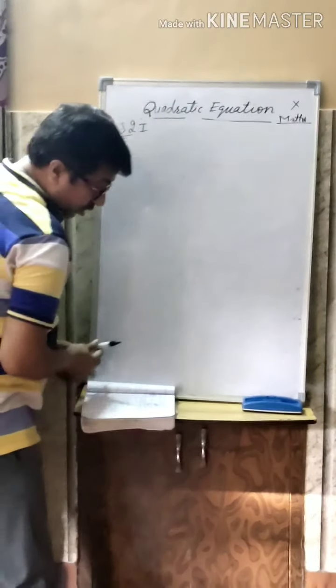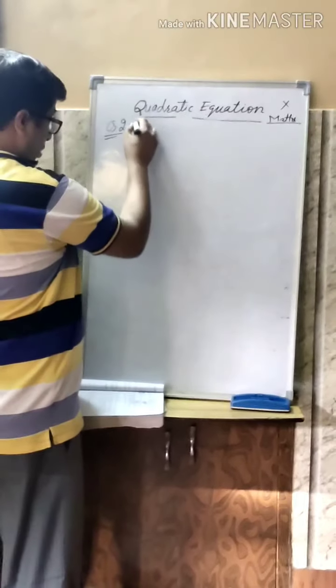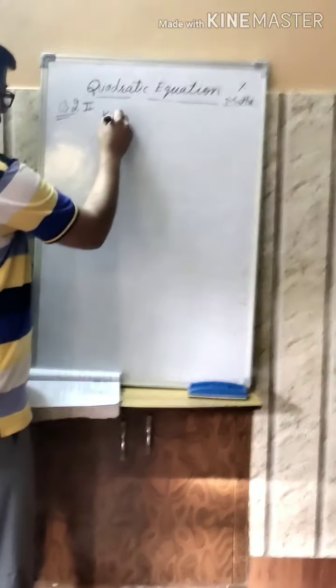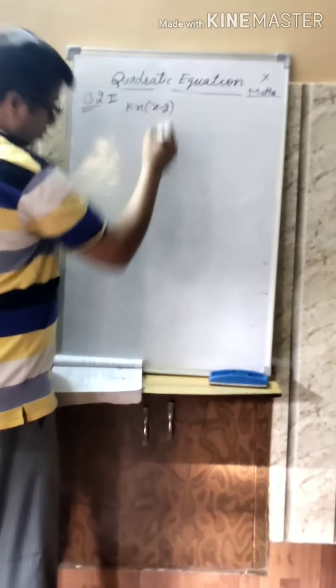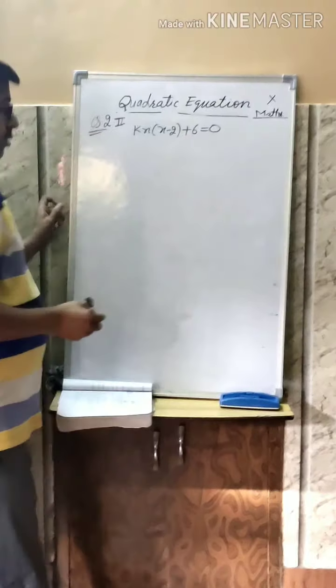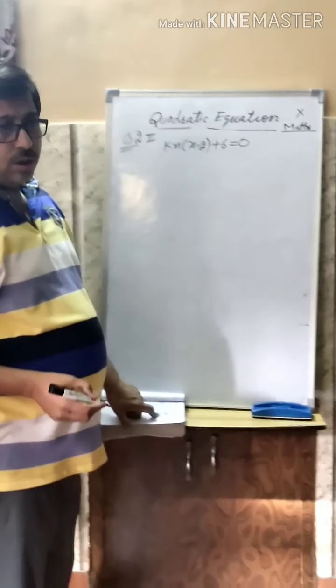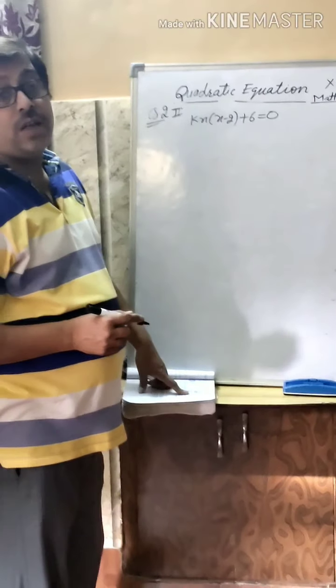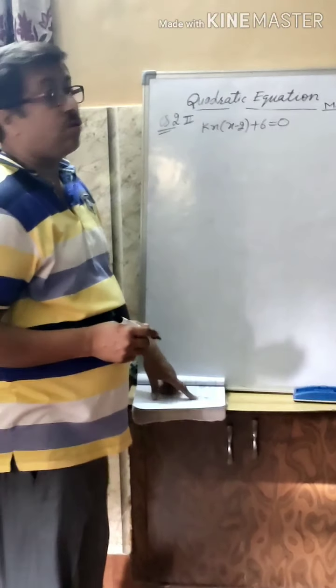In this equation, kx into (x minus 2) plus 6 equal to 0. Same condition, find the value of k if the equation has equal roots.